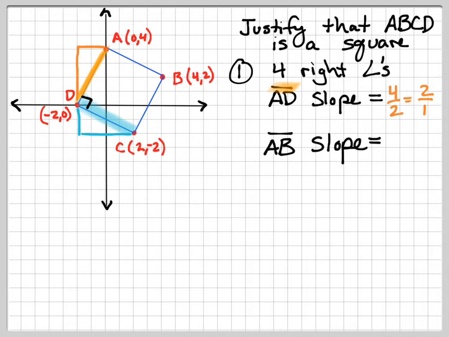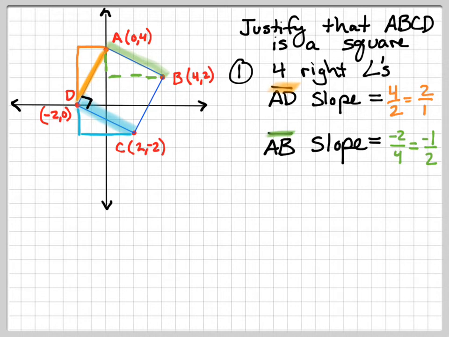Okay, so I'm going to see that A goes down 2 and goes over 4. So segment AB, right there, also has a slope of negative 2 over 4, which reduces to negative 1/2. And you'll see that those two slopes are opposite reciprocals. Flip the fraction, change the sign.